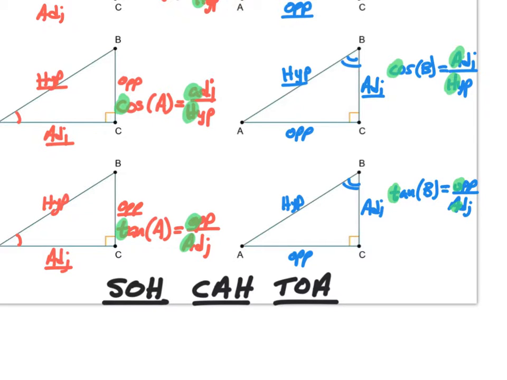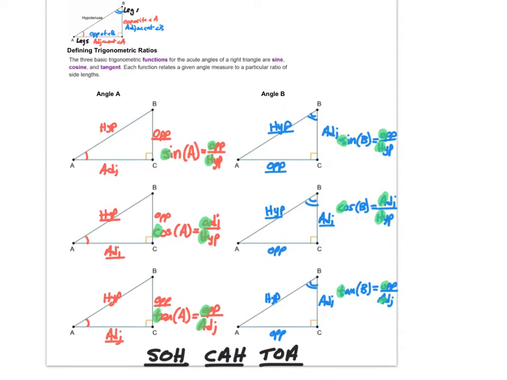That's all we're doing: taking a triangle, knowing the side lengths, taking sine, cosine, or tangent of any of those angles, whether it's A or B, and writing the ratio of side lengths. So I just want to make sure that we understand how to set up SOH CAH TOA given a triangle. That's all we're doing in this first part. It's kind of just an introduction.